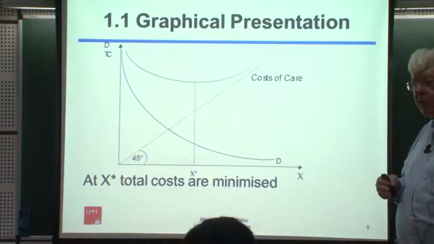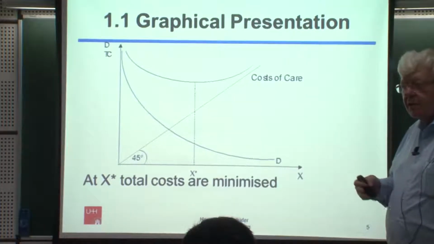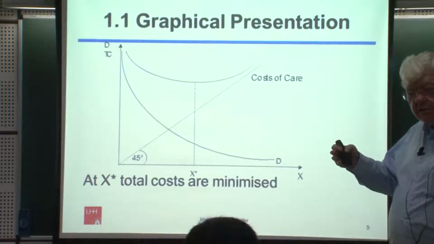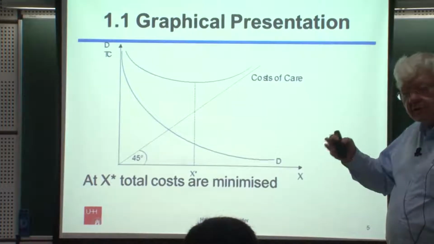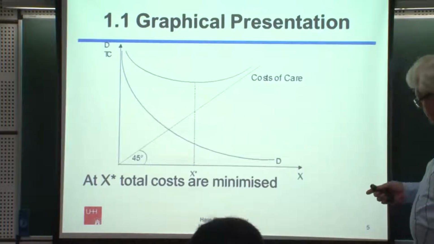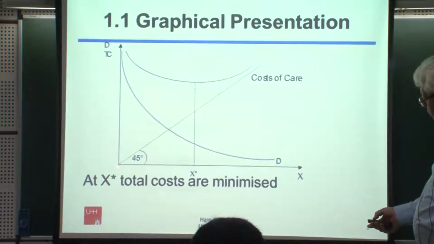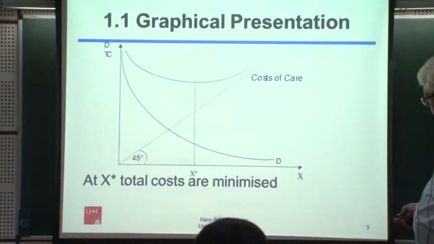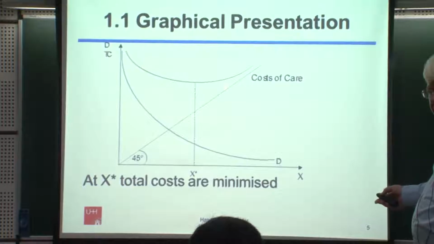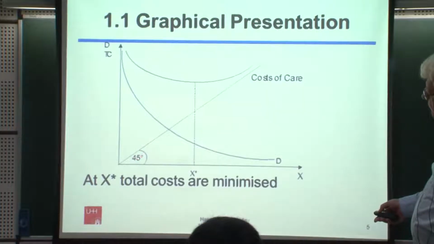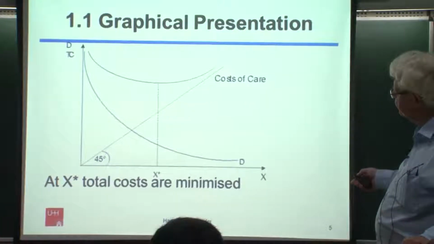And if you have 2 such trucks, then it costs double that much. And if you have 3 times as much, and so on. And therefore, when you have here the cost of care, then you can mirror them and have here also the cost of care. You see? These are the cost of care as a function of the cost of care. And this is then a 45-degree line here.